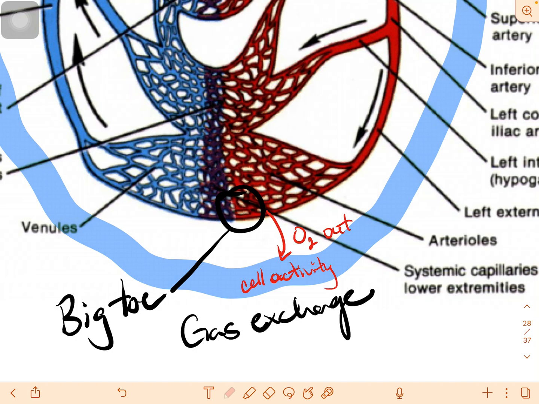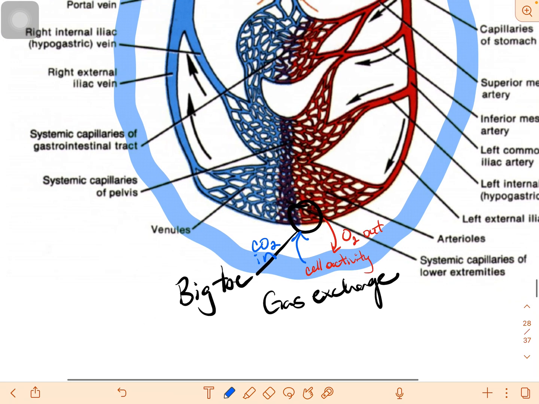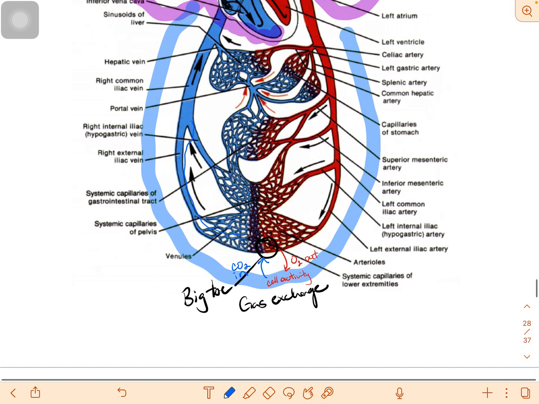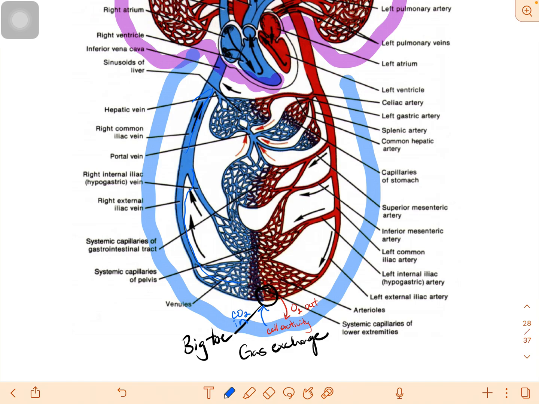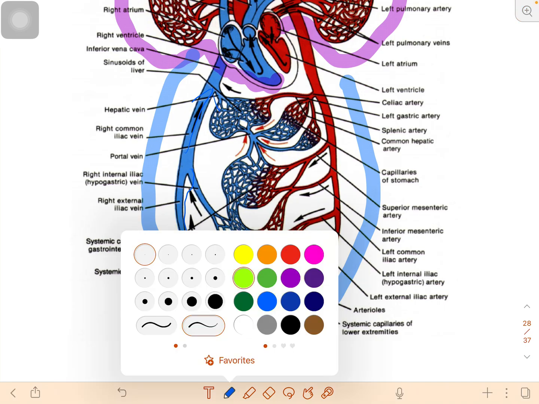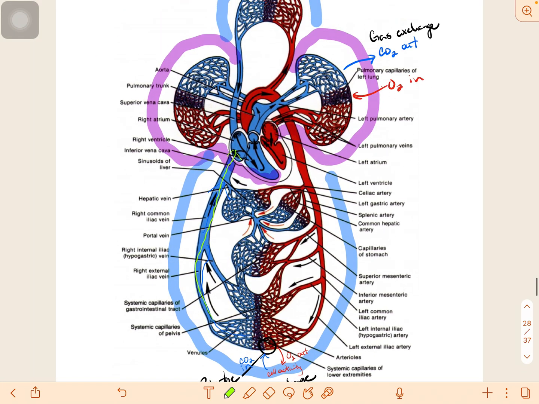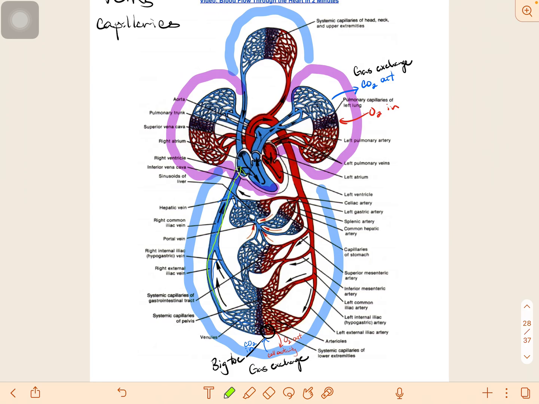And when that cell does its activity, it's going to create carbon dioxide. It's using the oxygen. And then now carbon dioxide, CO2, goes into the blood vessels and then follows its way out the rest of the body. All right, till it gets to, I'll draw this bright green line so you can follow my bright green line back to the heart to start this whole process over again. Okay?